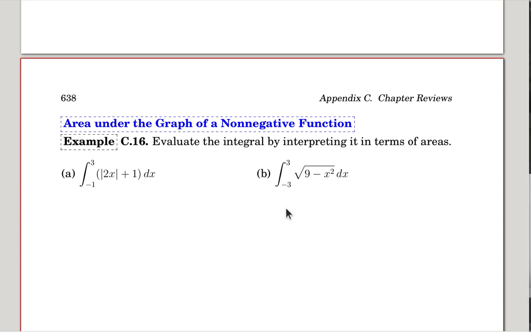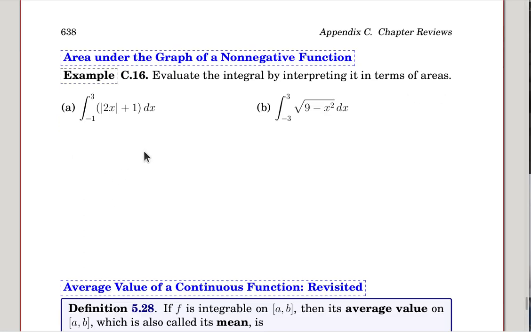Now we may try to get a definite integral by interpreting the integral in terms of areas. For example, for this one, if we try to visualize the function in two-dimensional coordinates, it is given in this way.